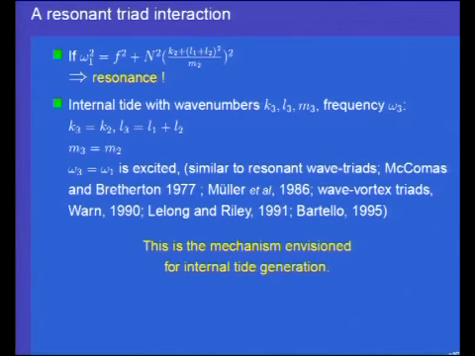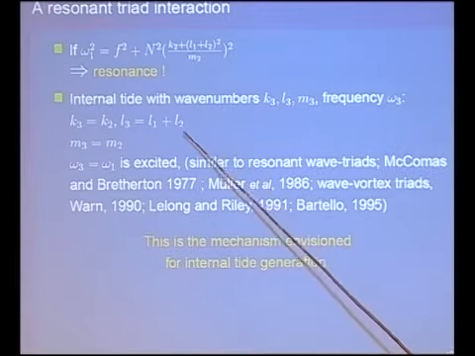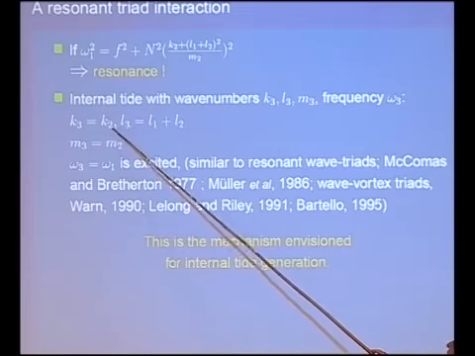All right. So the problem as we envisioned it is that we have an eddy field with some specific length scales, and we have a barotropic tide with a specific frequency. If the length scales of the eddy field are such that the resonance condition can be satisfied, then we'll have resonance.